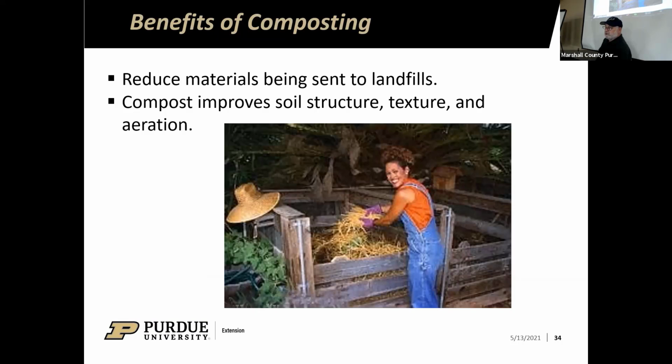Compost improves soil structure, texture, and aeration, adding that organic matter in. I always like watching a gardening show, and his first step to replanting a bed after he tills it was to put a nice layer of compost on it. And you think about areas like growing stuff in high tunnels, compost can be a good tool to replenish that soil after each crop.